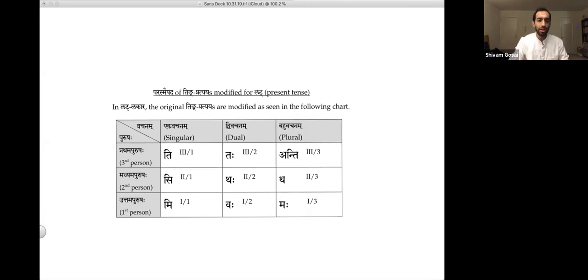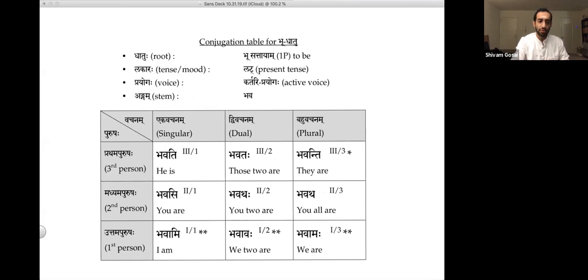So this is helpful. And then we covered the bhu dhatu, right? Bhu dhatu, we saw bhavati, bhavataha, bhavanti, bhavasi, bhavataha, bhavatha, bhavami, bhavavaha, bhavamaha. So we saw a few tricks here, right? We saw in pratama purusha, third person, bahuvachanam, plural, we saw bhavanti.